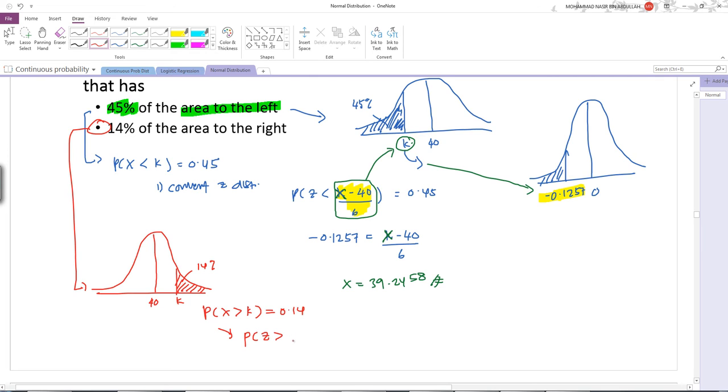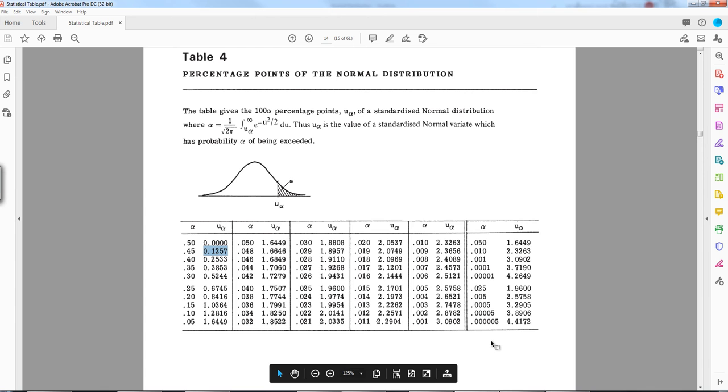Z more than k, which is x minus 40 divided by 6, equal to 0.14. Right? So for 0.14, look in the statistical table. Do we have 0.14? We don't have, right?